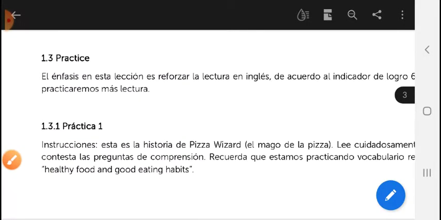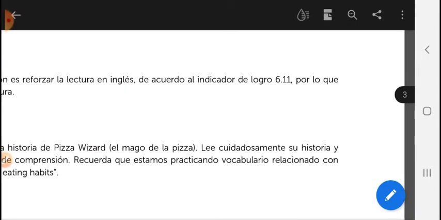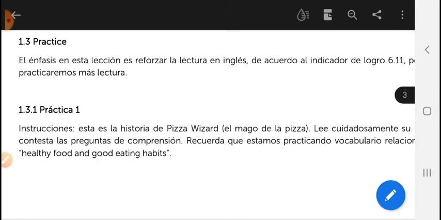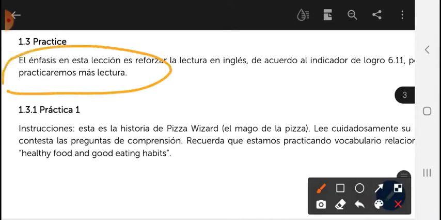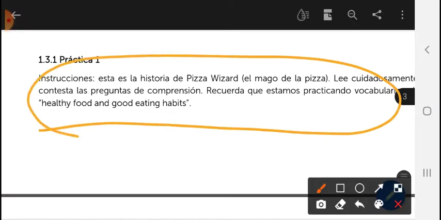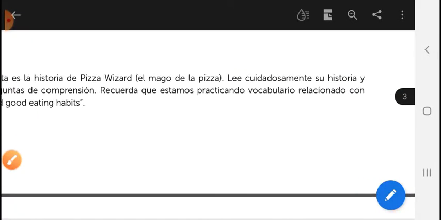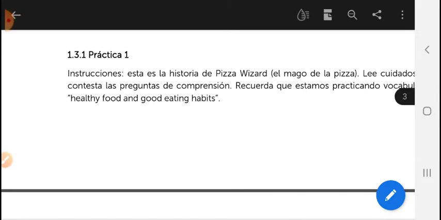Practice. El énfasis en esta lección es reforzar la lectura en inglés, de acuerdo al indicador de logro 6.11, por lo que practicaremos más lectura en English. Práctica. Instrucciones. Esta es la historia de Pizza Wizard, el mago de la pizza. Lee cuidadosamente su historia y contesta las preguntas de comprensión.